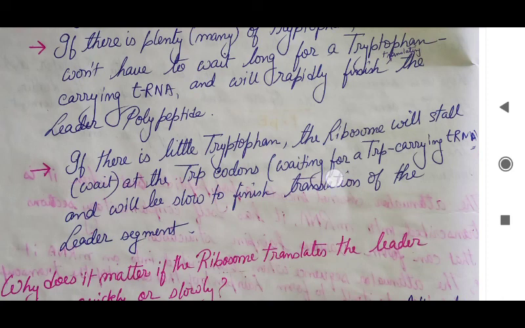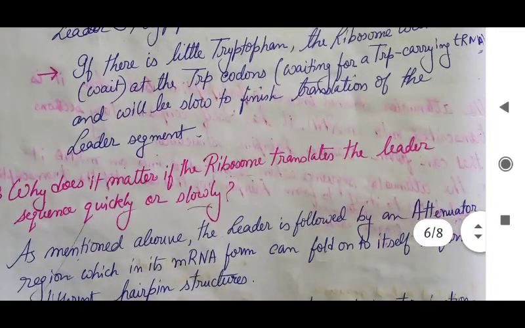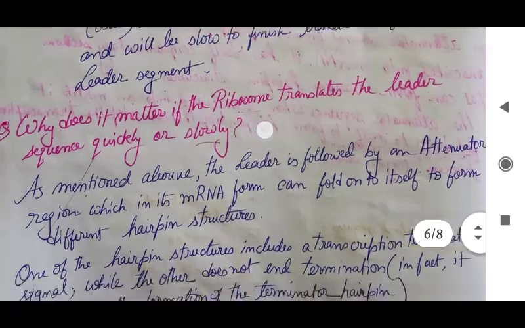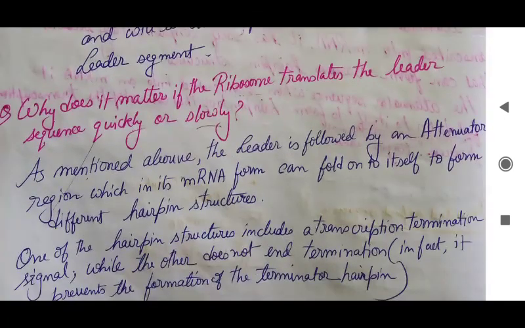But the main question arises: does it matter if the ribosome translates the leader sequence quickly or slowly? It matters. A very important thing will be presented here. Whether the ribosome is translating the leader sequence quickly or slowly, it greatly affects the tryptophan operon.